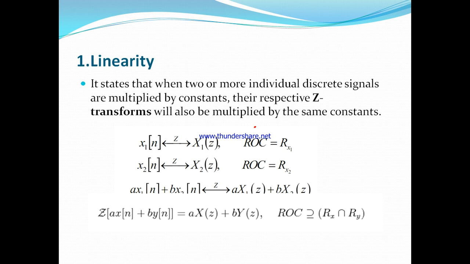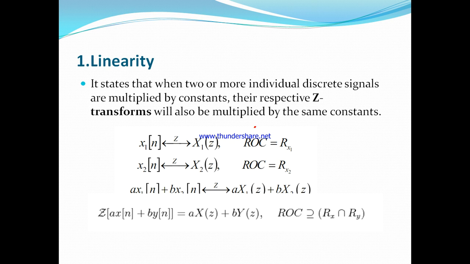The linearity property states that when two or more individual discrete signals are multiplied by constants, their respective Z transforms will also be multiplied by the same constants.